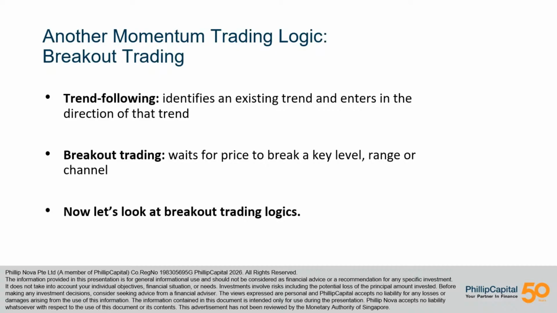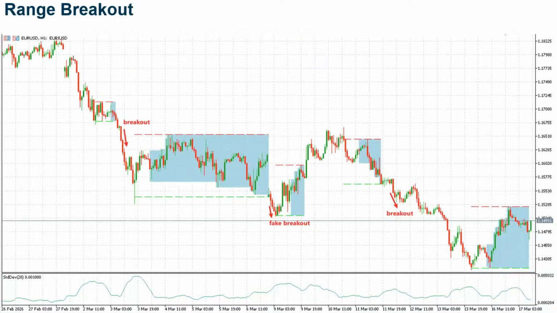Now let's see an example of the breakout trading logic. Here is a chart of EURUSD on the 1-hour time frame, and you can see that there are price ranges drawn on this chart. As an algo trader, the first thing we may think about is how to identify the price range.